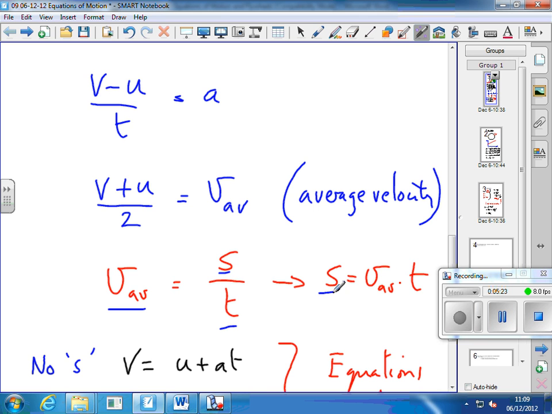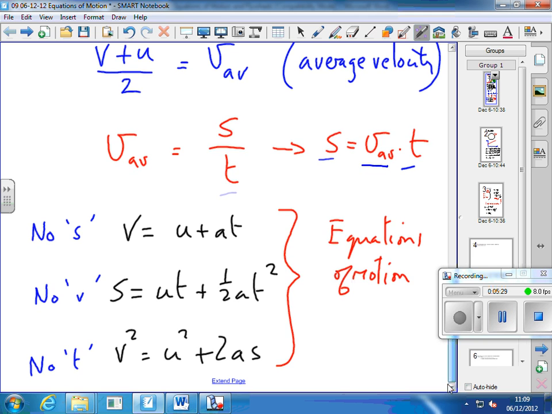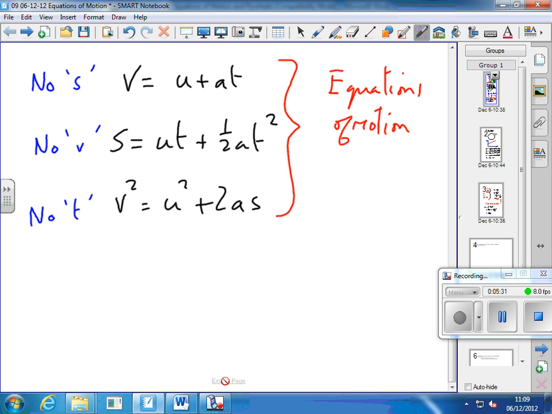So the displacement is going to be the average velocity times the time. So that, in fact, gives us another formula that we can add to our list if we like. Also, displacement s equals the average velocity, which we've written effectively, but if we write it in terms of u plus v over 2 times the time. So we could have calculated it that way.